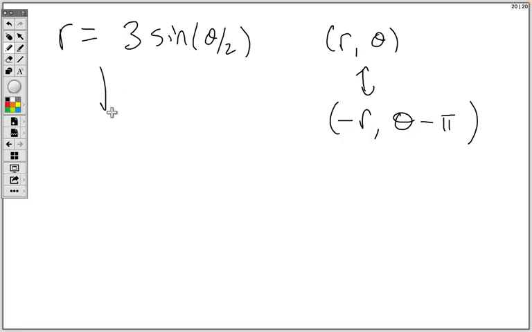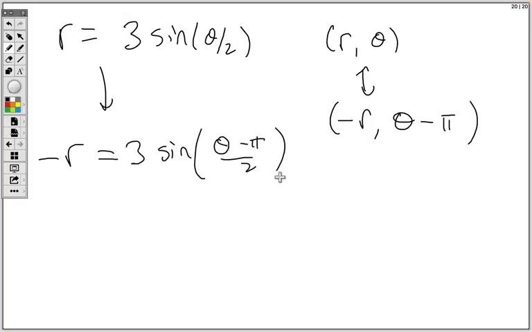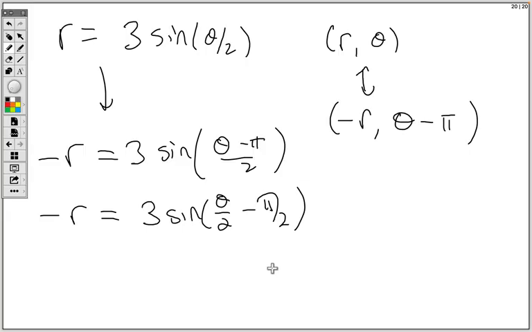So let's do that. Let's replace r with its opposite. And let's replace theta with theta minus pi. And let's see where this gets us. That'd be minus r equals 3 sine of theta over 2 minus pi over 2. You might recognize what this is.